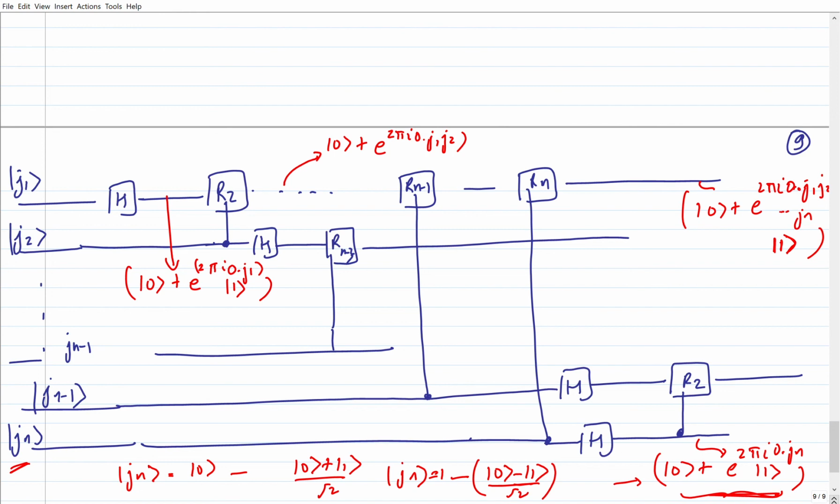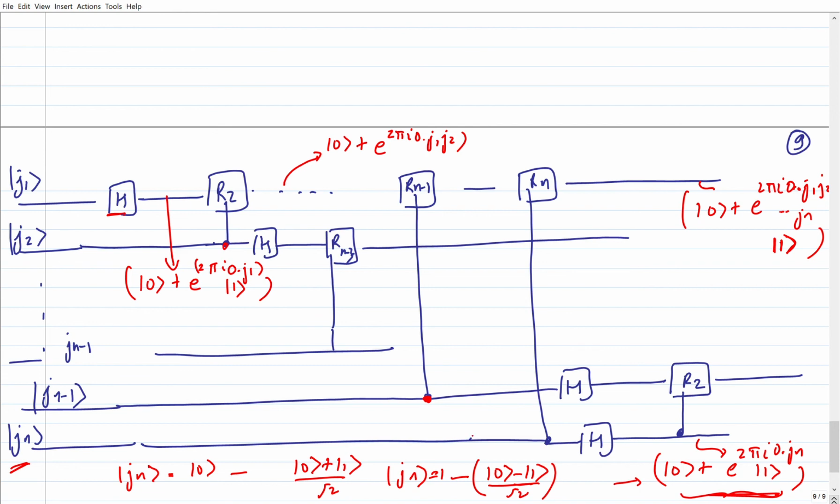See, what's happening is that essentially for each of the wires, we are applying a Hadamard and some phase control gates. And the phase control gates also have a very interesting pattern. So on the first guy, it's R2, Rn minus 1, Rn. On the second guy, it's one number shifted.